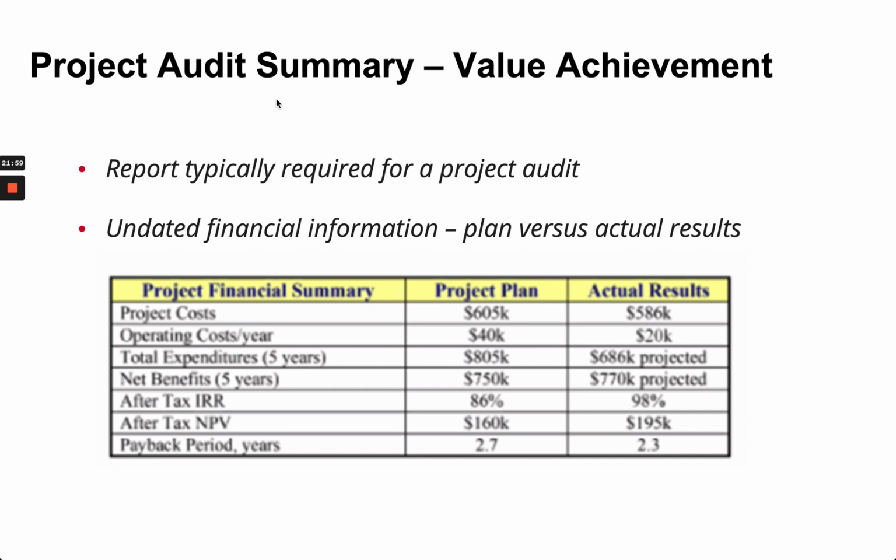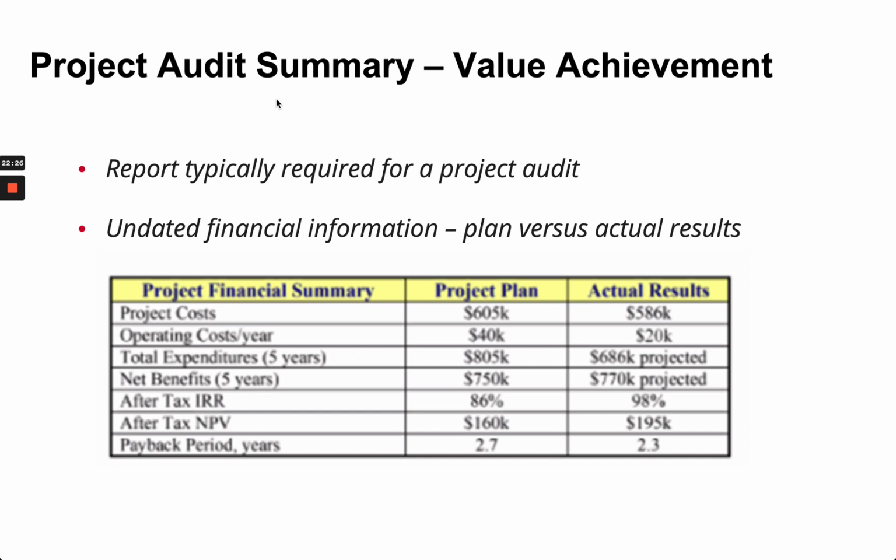Consider doing what I call a project audit. Value beyond cost, time, quality. You report on actual versus what the plan was. Okay, and this is a simple example. The project cost, actual versus planned.